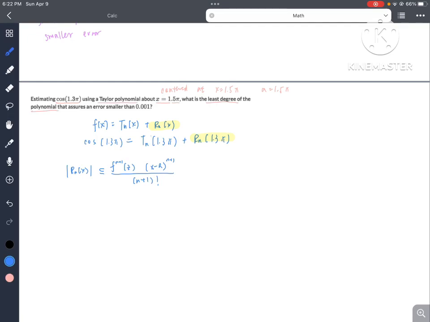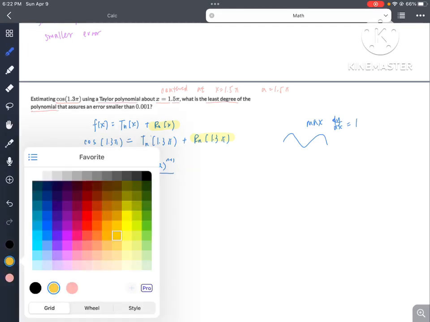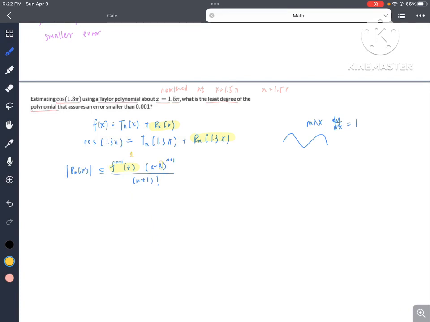Then we can look at the value for the maximum derivative. We recall that for the cosine function, even if it's not bounded in the interval, the maximum derivative or slope is equal to 1. So we can just replace this expression with 1, and a is equal to 1.5 pi.